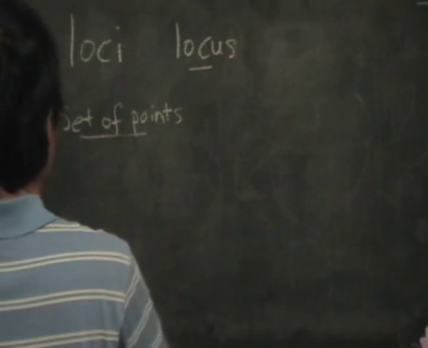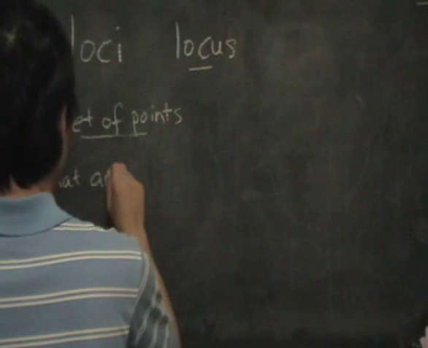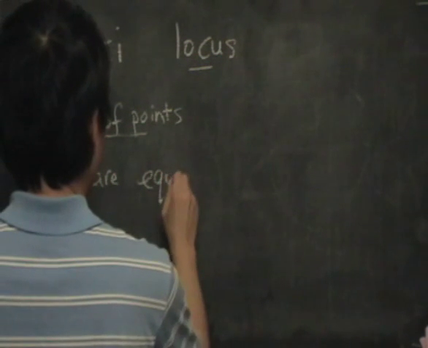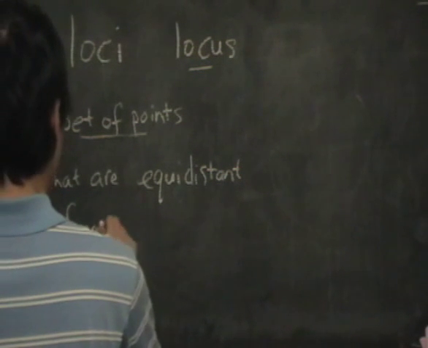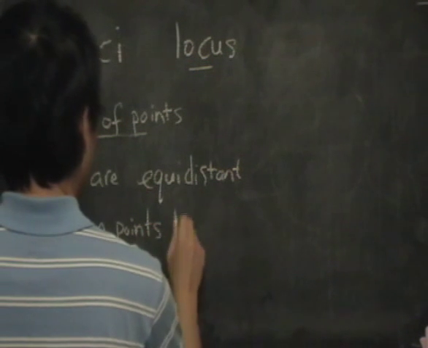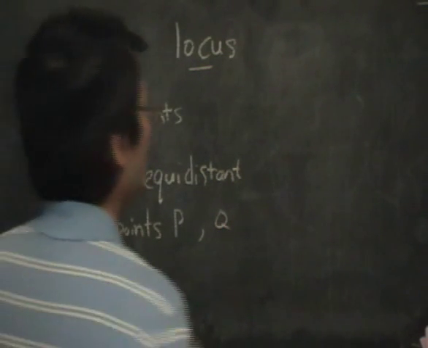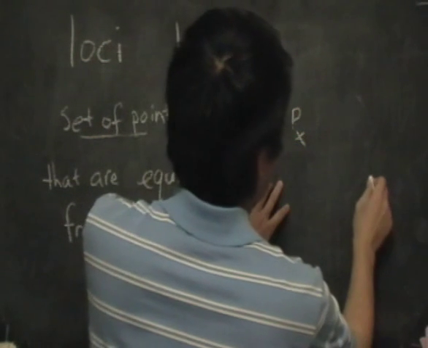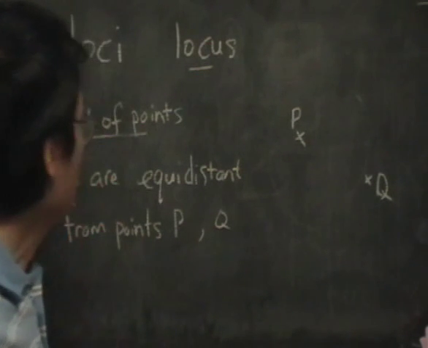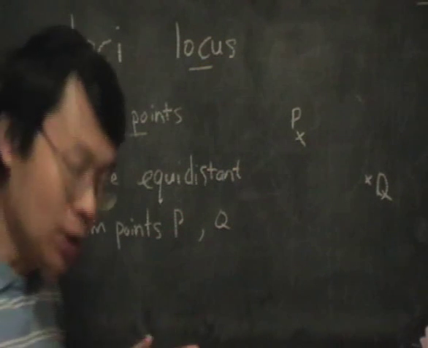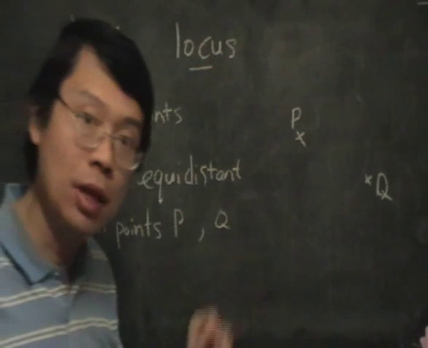The rule is a set of points that are equidistant from points P and Q. So in this case, we are given 2 points, point P and a point Q, and we want to find a set of points that are equidistant from P and Q. Equidistant means same distance.